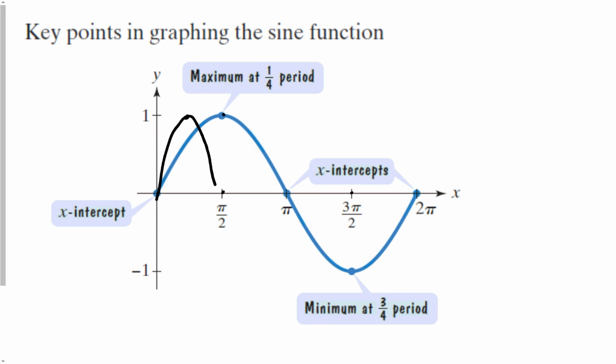You can see that if we shrink this horizontally, we have now changed the period. This whole cycle now finished in pi instead of 2 pi.